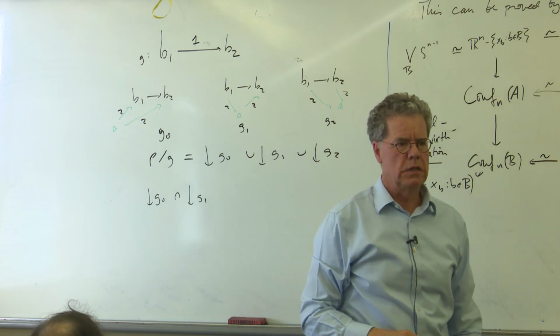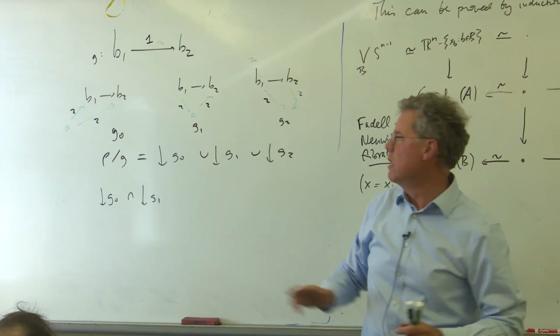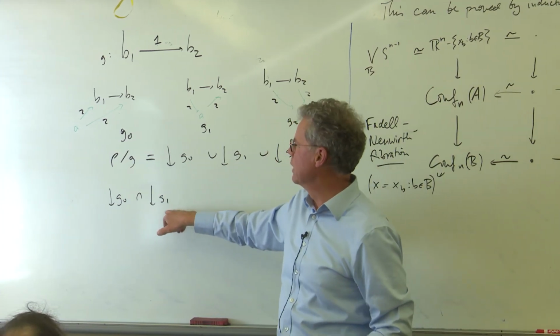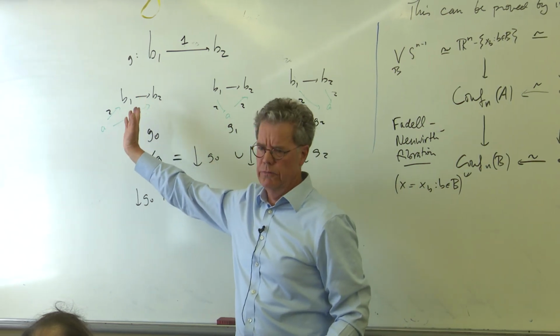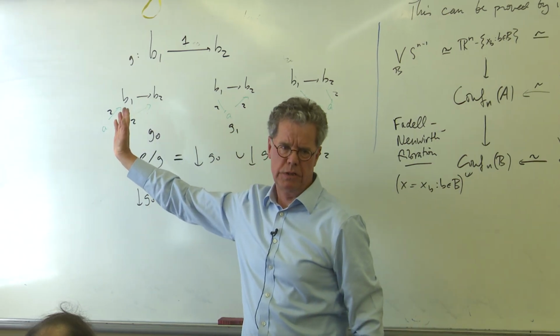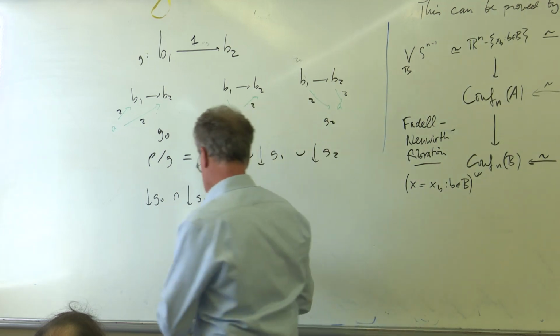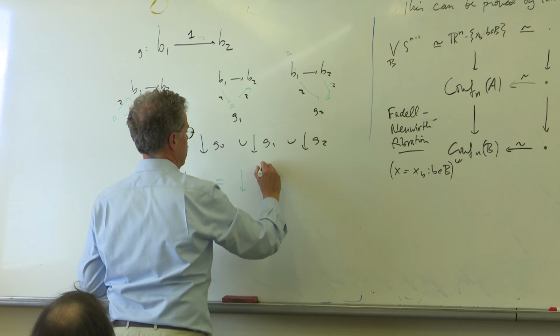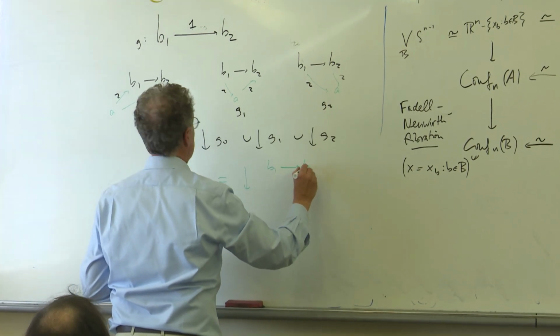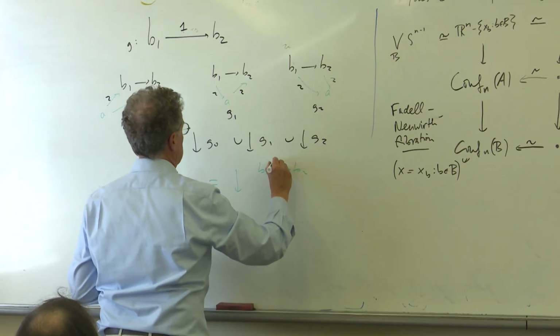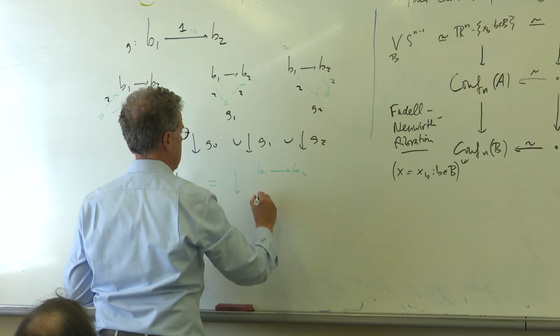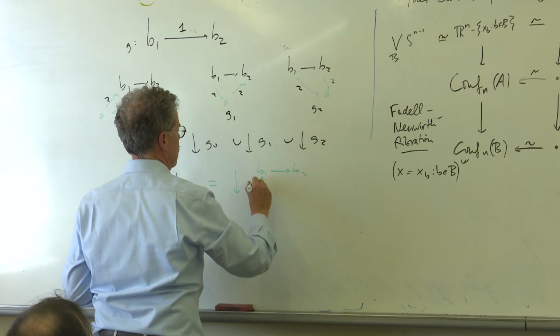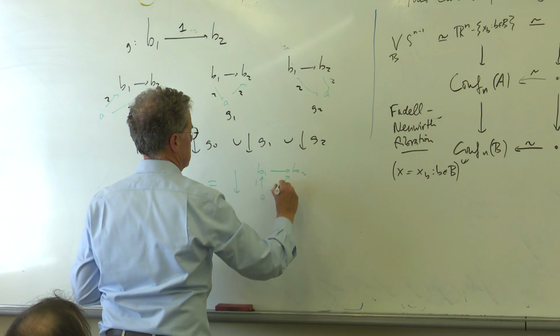So the weight has to go down, because compared to either G0 or G1, the direction will be wrong, so to say. So this is down. Let me try to copy it. B1, B2, A, 1, 2.